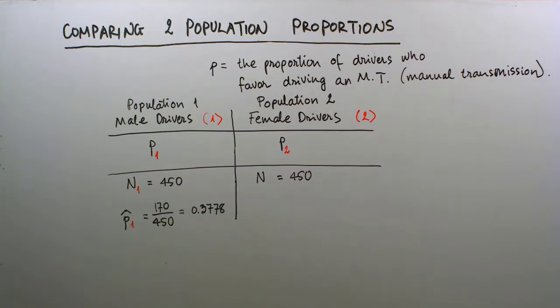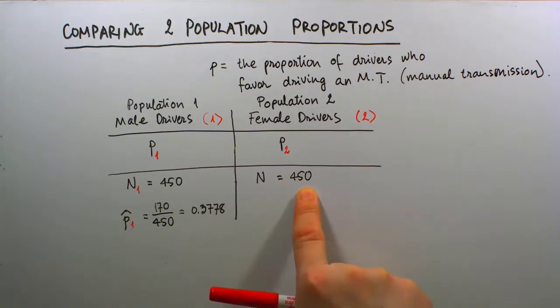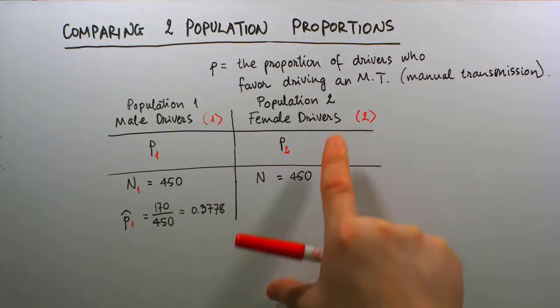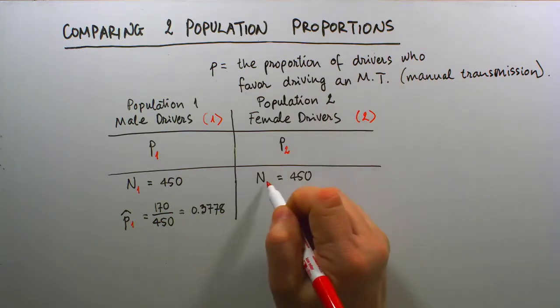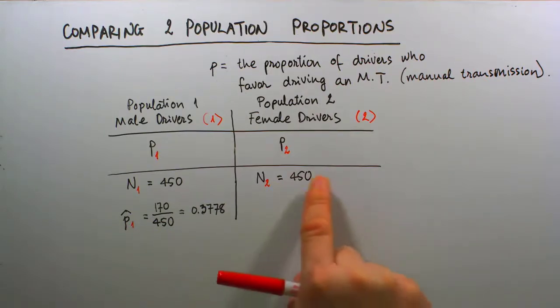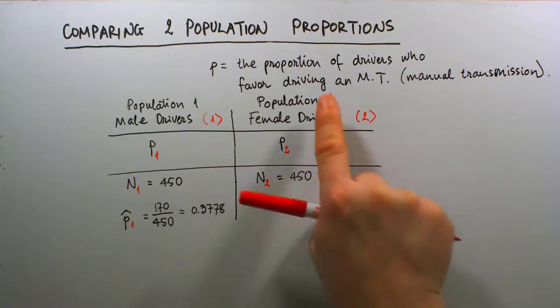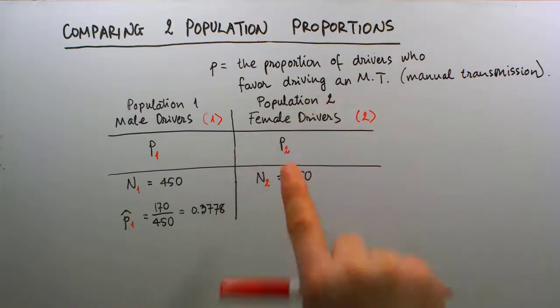And now, in the same argument that I've made earlier, this sample size is the sample size that we decide for all samples selected from population 2. So this sample size here is being referred to as n2. This sample size gets a subscript 2 simply because this is the value that we specifically isolate within population 2.